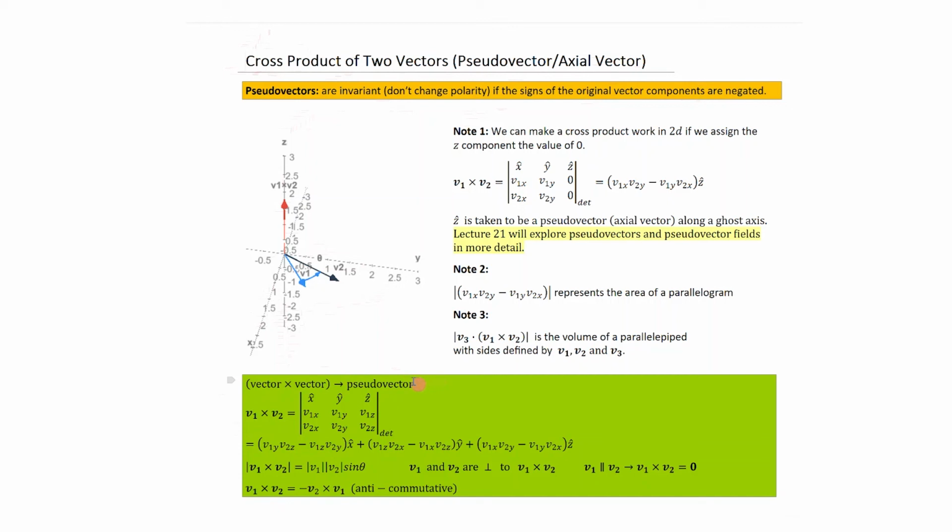Again, explanation is coming. And that pseudovector lies perpendicular with respect to the plane in which vectors v1 and v2 lie.